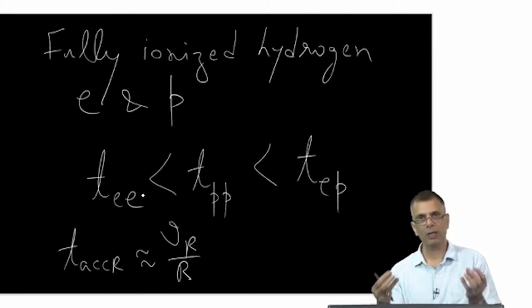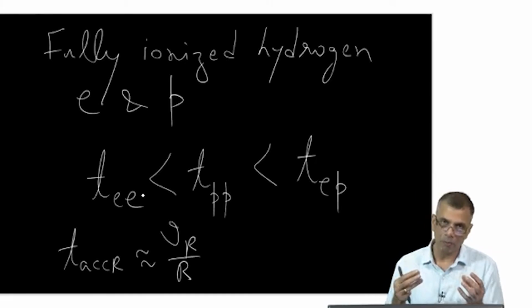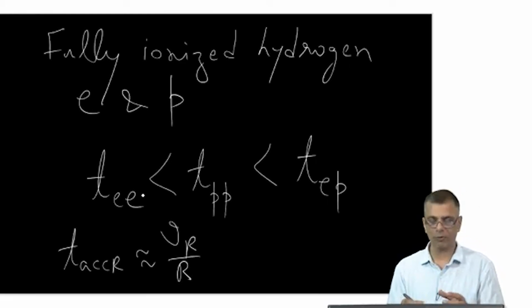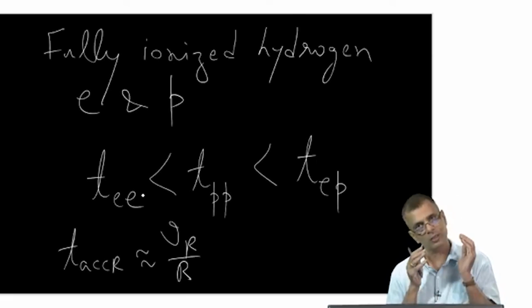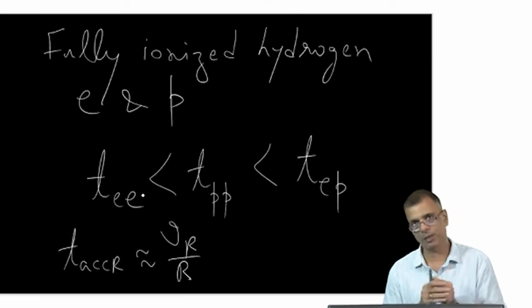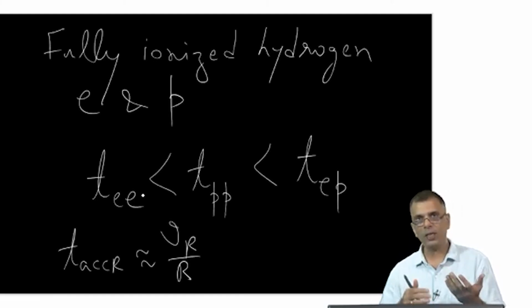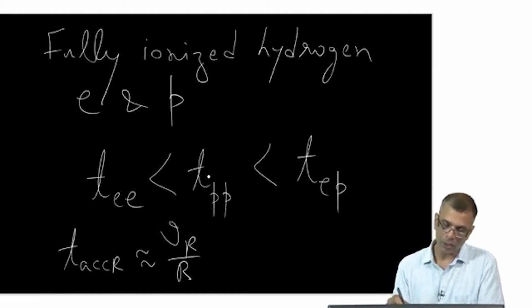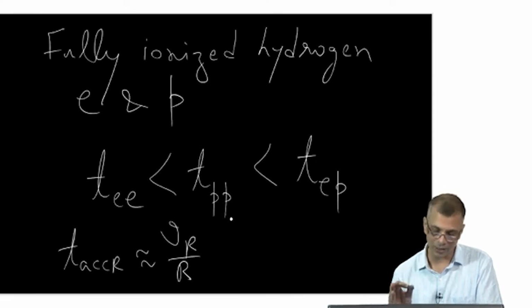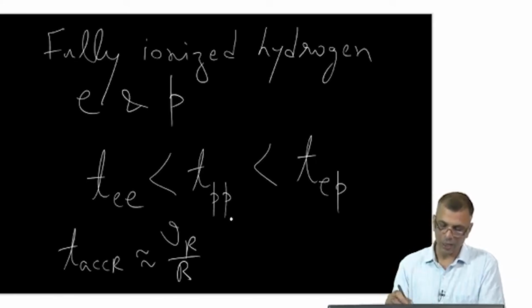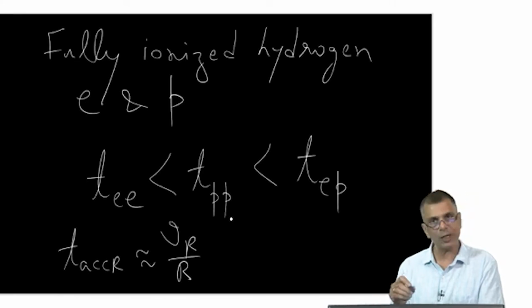So by the time a given parcel of gas moves in, there is enough time for electrons and electrons to equilibrate among themselves via Coulomb collision. So there is a well defined electron temperature. There might be enough time for the protons to equilibrate among each other. Maybe, maybe not, that's not always the case. This is not clear. But definitely there is not enough time for the electrons and protons to equilibrate amongst each other.